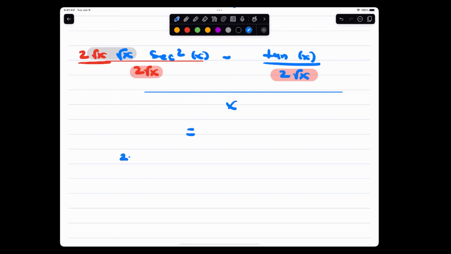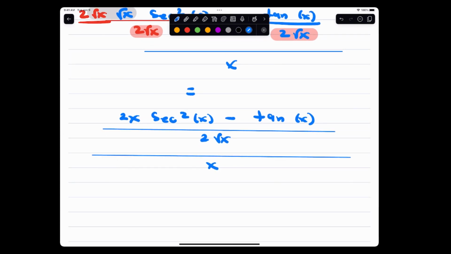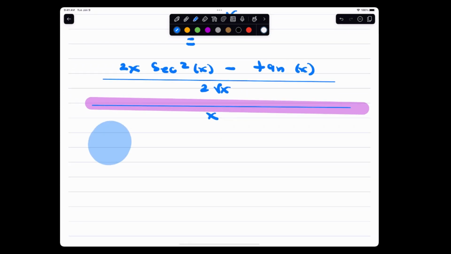So this is going to be 2x secant squared x minus tangent x over 2 square root of x, divided by x.